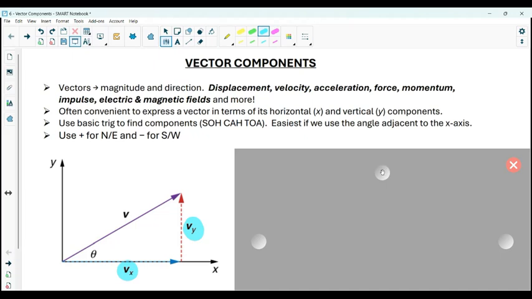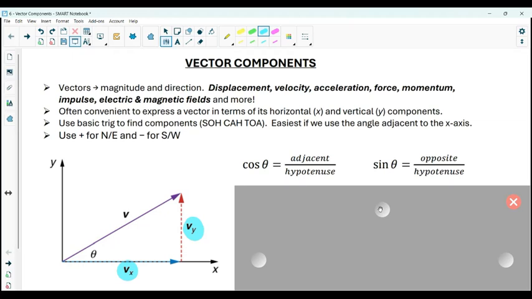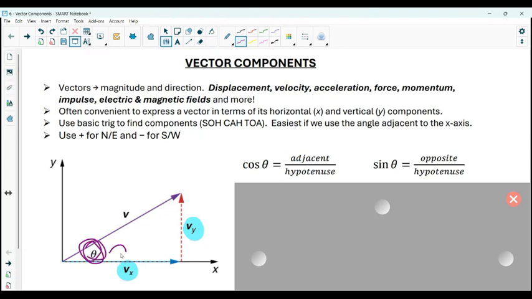Okay, so let's talk about how we get the x's and the y's. Now we know our cosine ratio is the adjacent divided by the hypotenuse, right? So if my angle is right here, my adjacent is this one right here. My opposite is that one right there. And my hypotenuse is the original vector, okay?